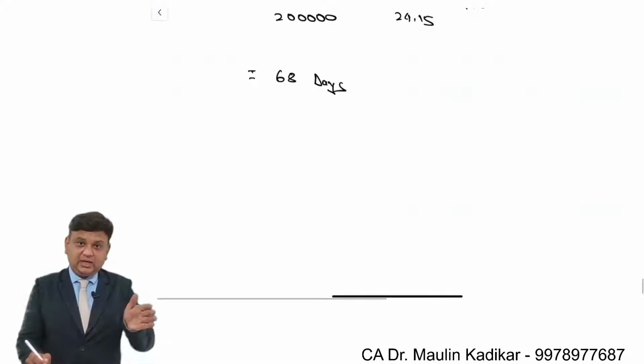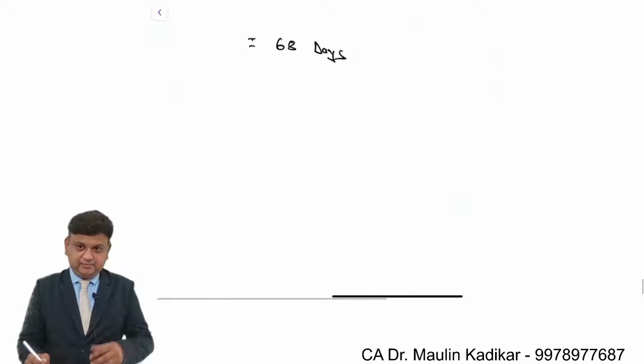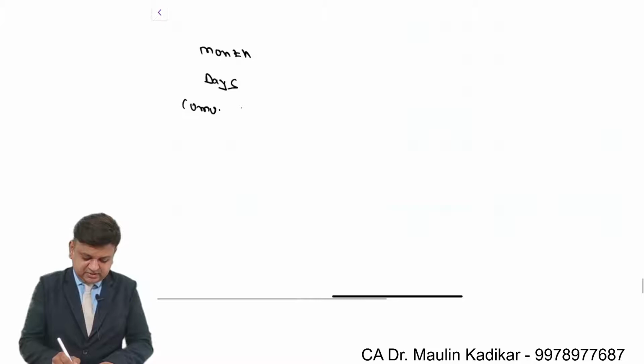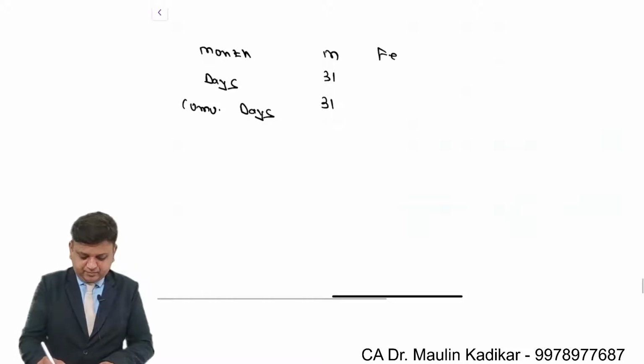Again we are required to do backward working. So month, days, cumulative days. March, February, January.